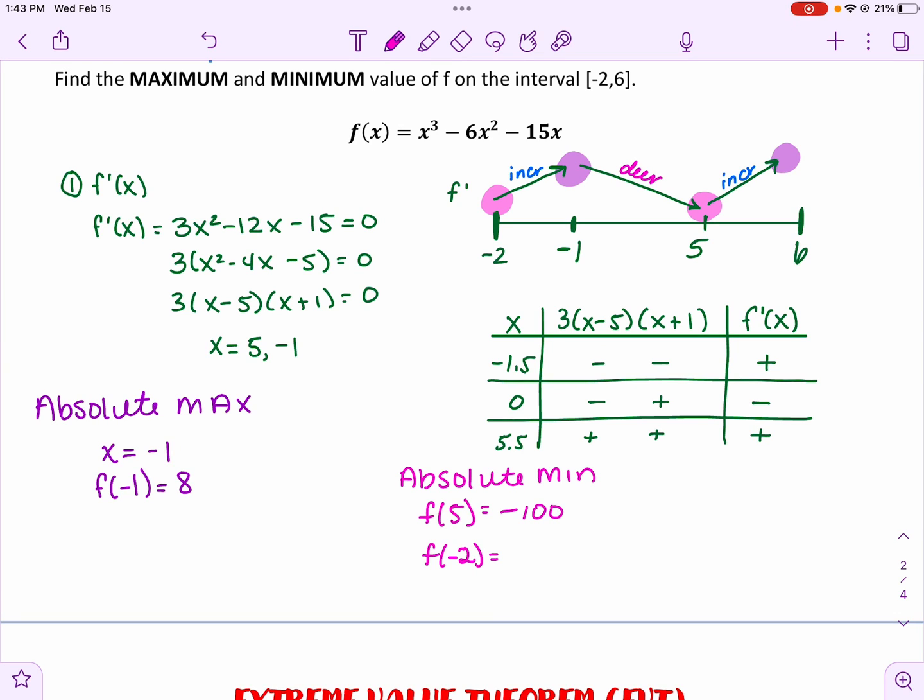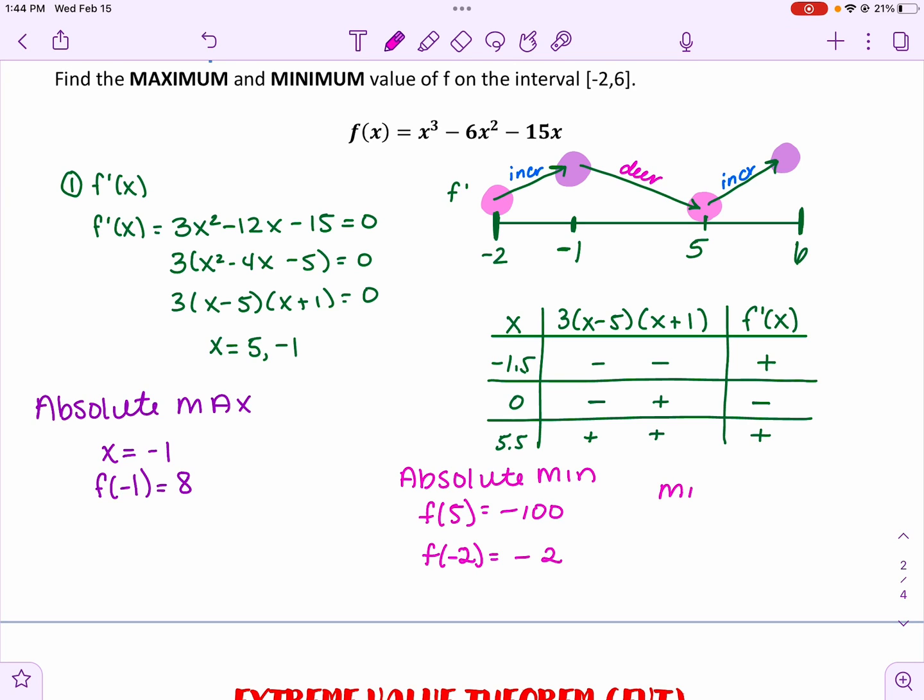Okay, and then we're going to do the same thing, but now we have -2 cubed minus 6 times -2 squared, and then minus 15 times -2. So that is going to be -2. And we're going to ask ourselves, well, guys, which one is lower, right? So our lower value here is the -100.